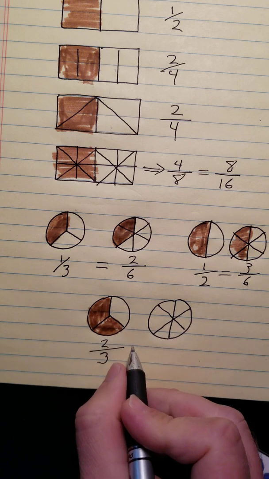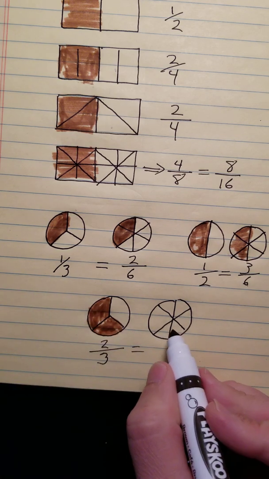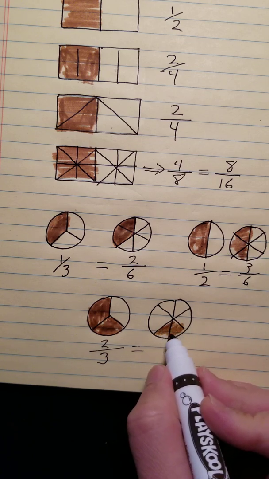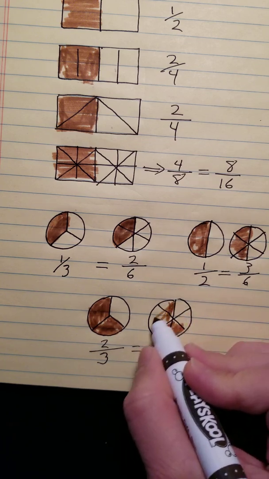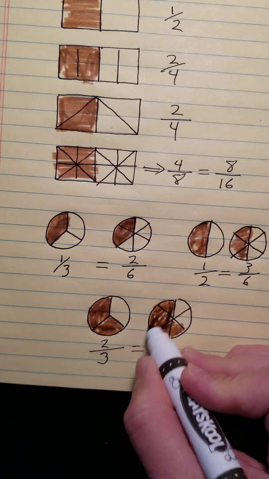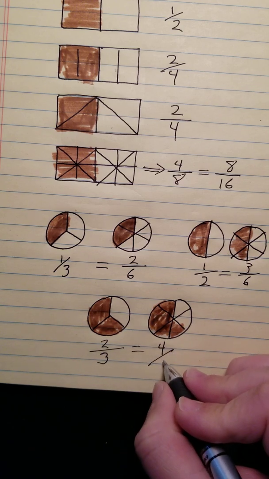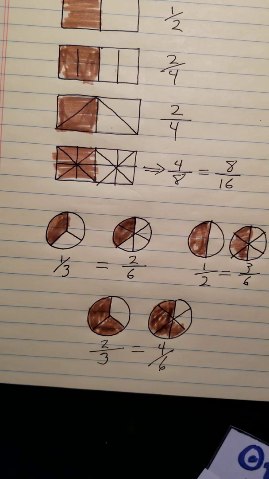So, how many sixths do I have to shade in to get that? There's 2 of those. That's going to be 4. I need 4 sixths just to equal 2 thirds.